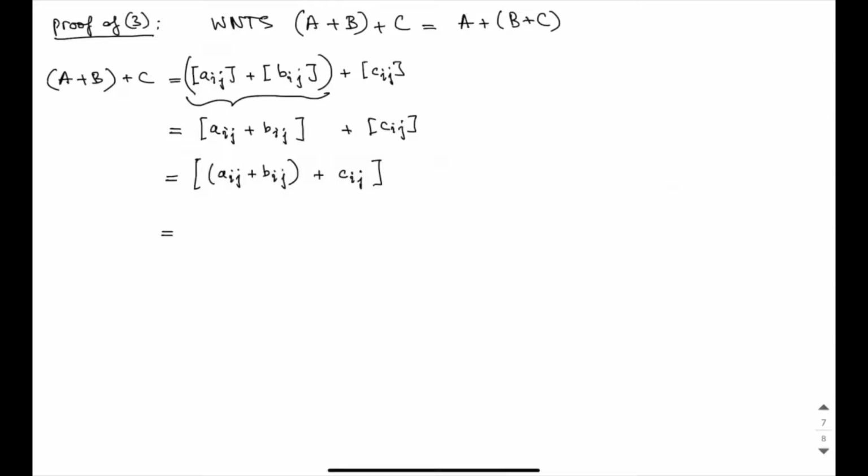I'm going to use a different color for the addition of matrices. On this row, this is the addition of real numbers. But this is the addition of matrices, so that's a red plus. Now we are adding three real numbers, and the addition of real numbers is associative. So we can, in fact, add Bij and Cij first, then add with Aij later.